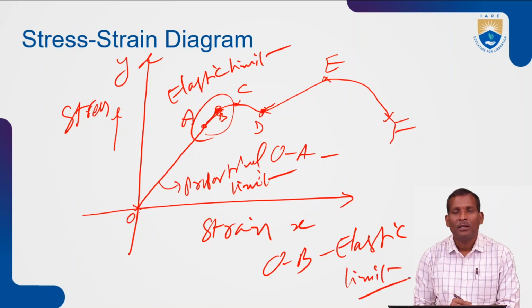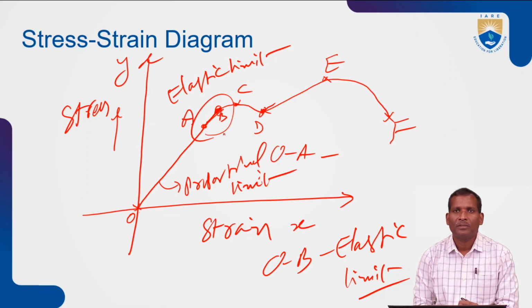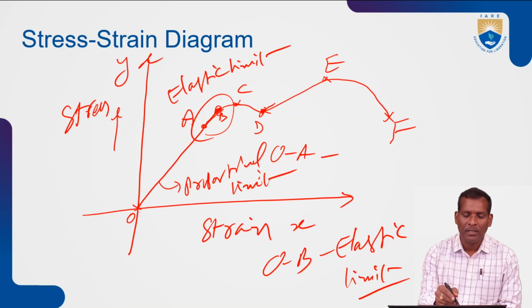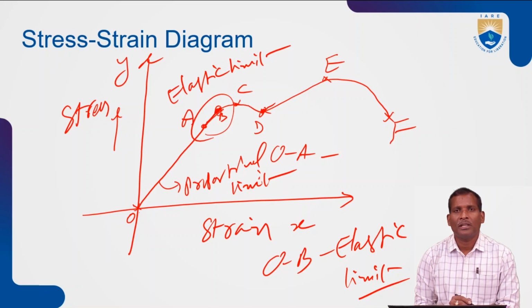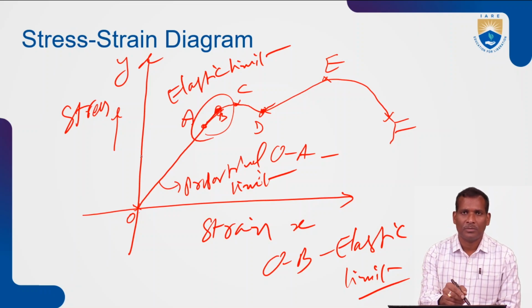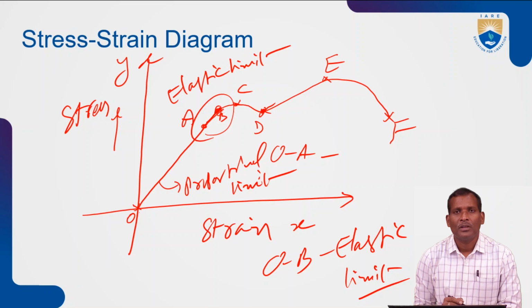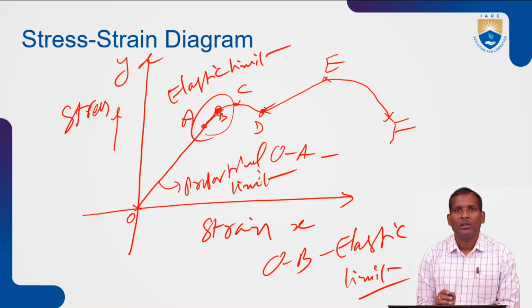Here, if you load, stress increases, load increases, what will happen? Simultaneously, if stress increases, strain also increases, up to B. So it means from O to B there is no problem.